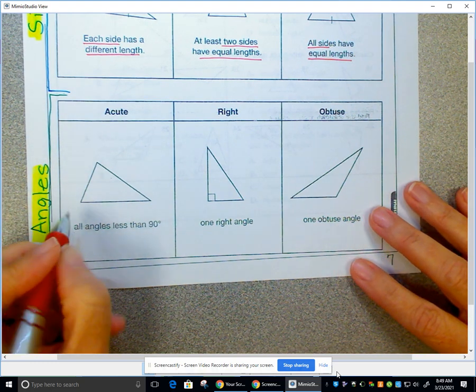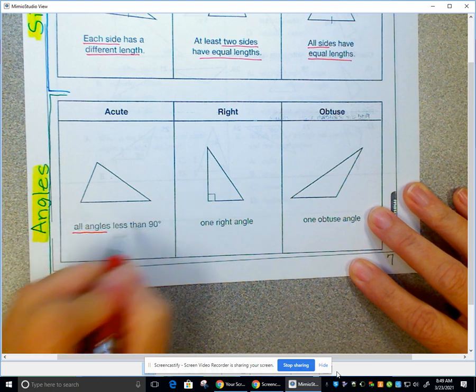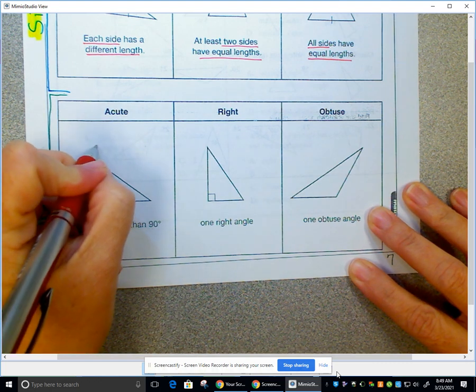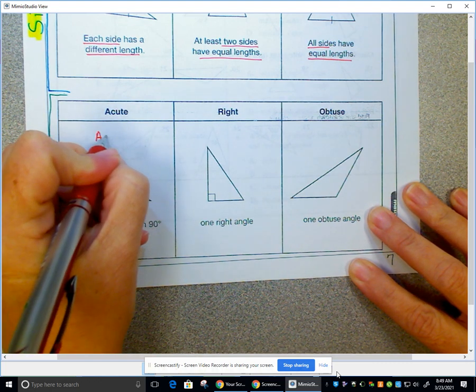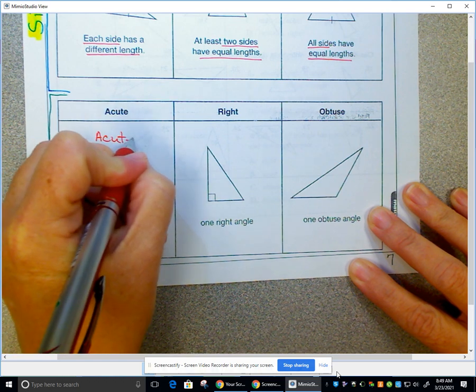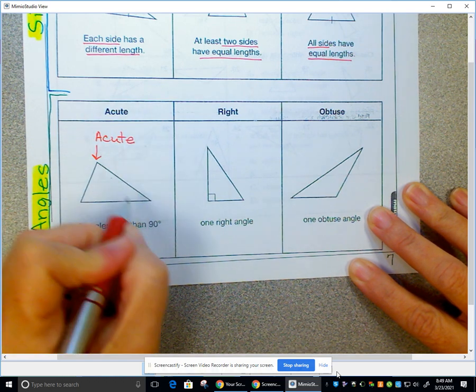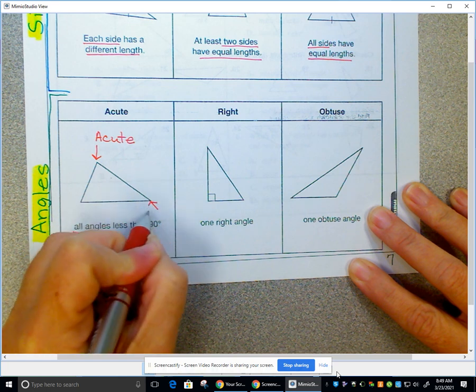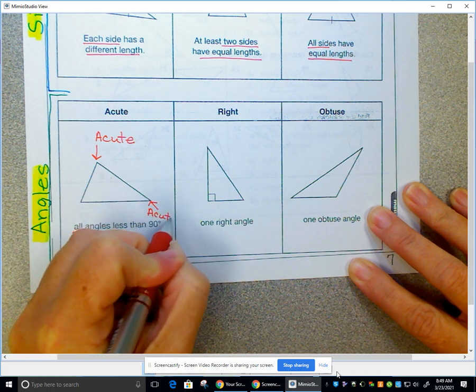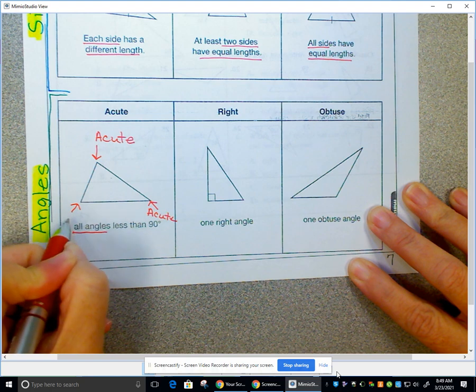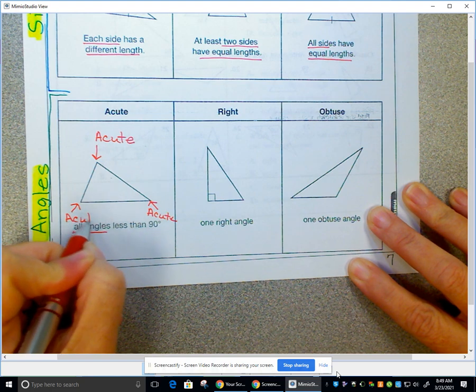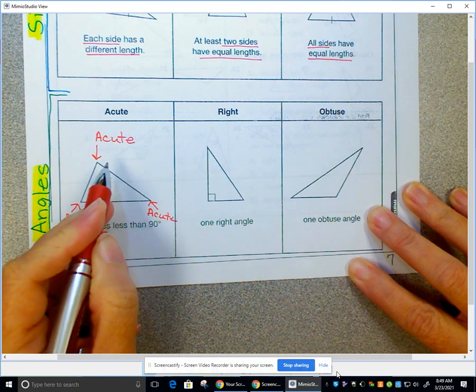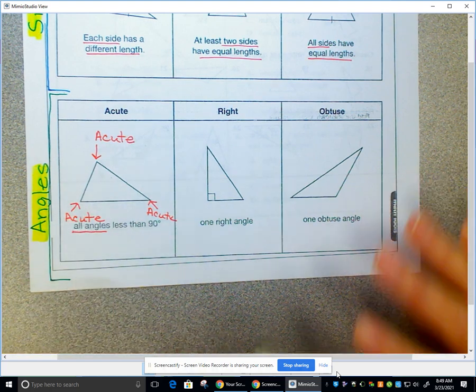An acute triangle has all angles less than 90 degrees. That means every angle is acute. That angle's acute. This angle is acute. And this angle is acute. It has 3 acute angles.